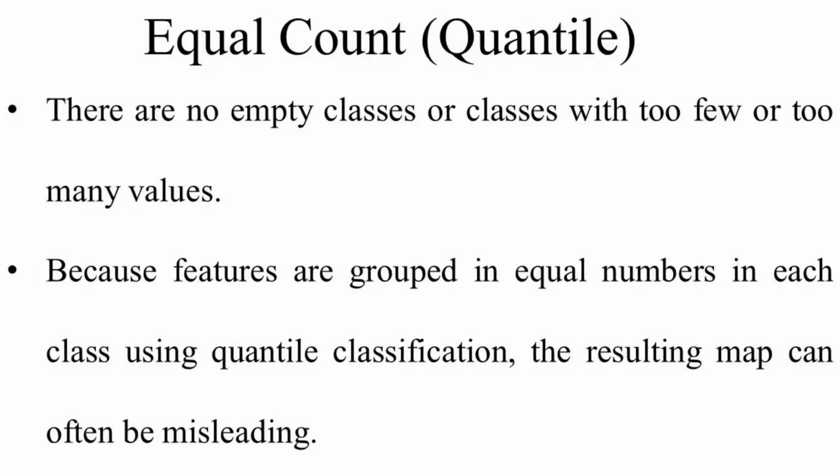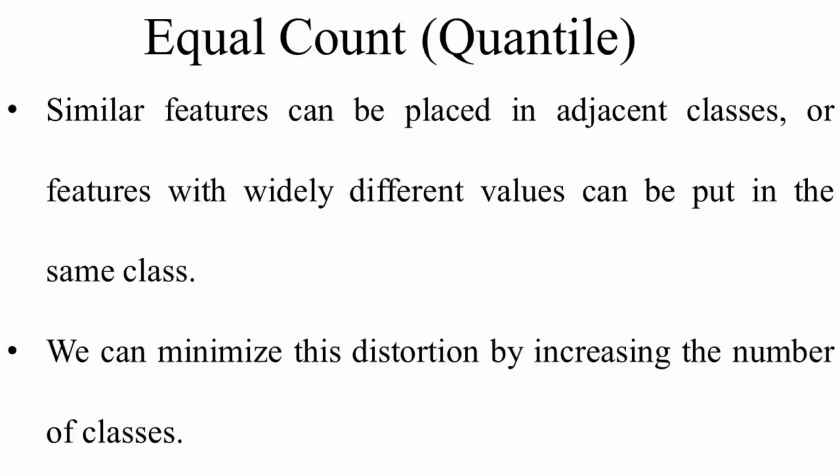Because features are grouped into equal numbers in each class using quantile classification, the resulting map can often be misleading. Similar features can be placed in adjacent classes, or features with widely different values can be put in the same class. We can minimize this distortion by increasing the number of classes.